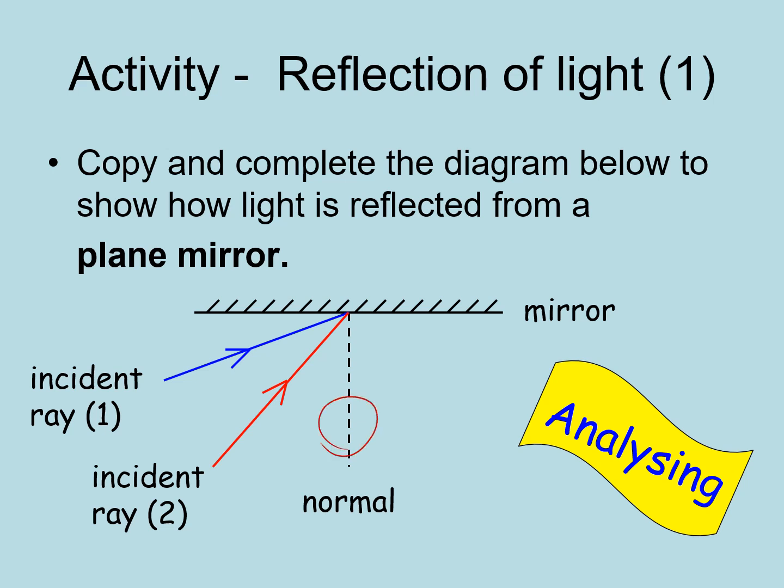We then have incident rays going onto the surface, a red one and a blue one, and they're at different angles of incidence, that is angles from the normal. We're going to use our analysis skill to find out what happens.